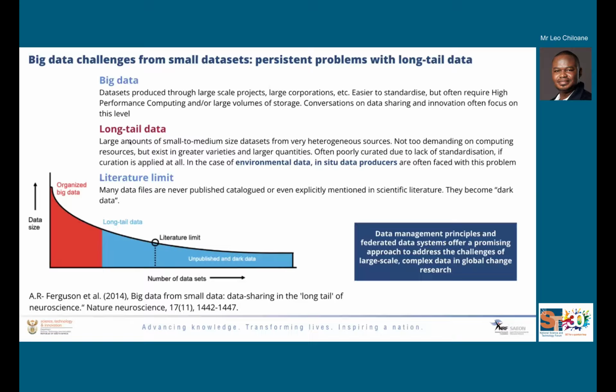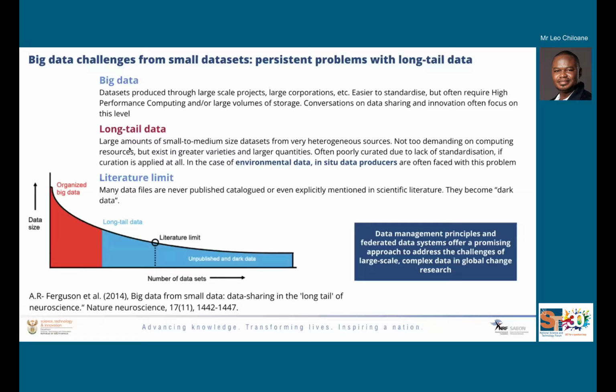And then in our context, what we typically deal with is a concept called long tail data. So, long tail data means large amounts of data coming from very heterogeneous sources. These are often not demanding on computing per se, but because they exist in greater varieties and larger quantities, they are often poorly curated due to lack of standardization, if curation can be applied at all.